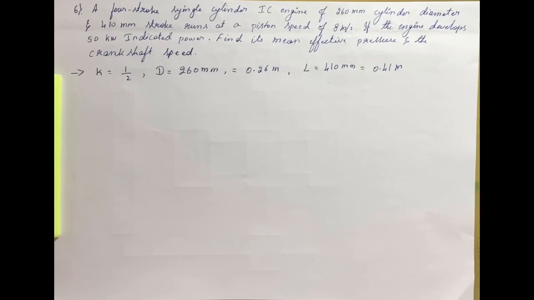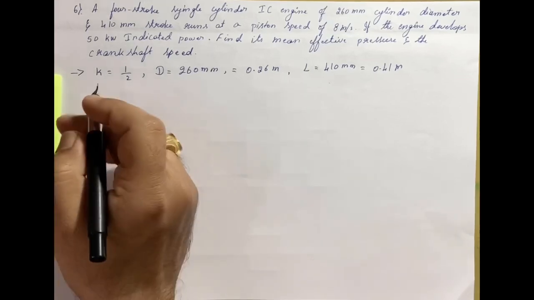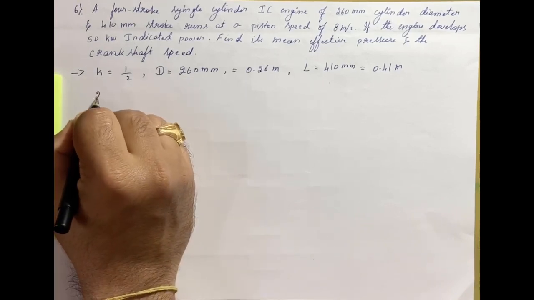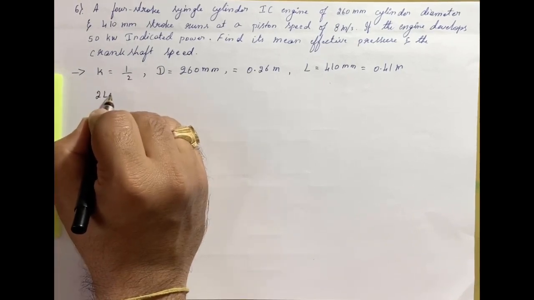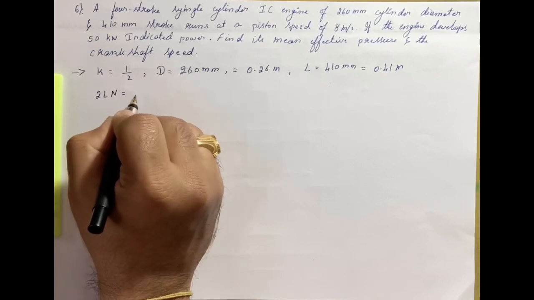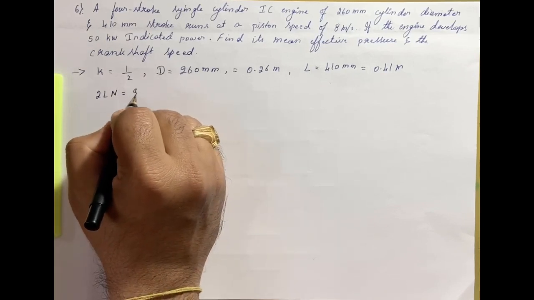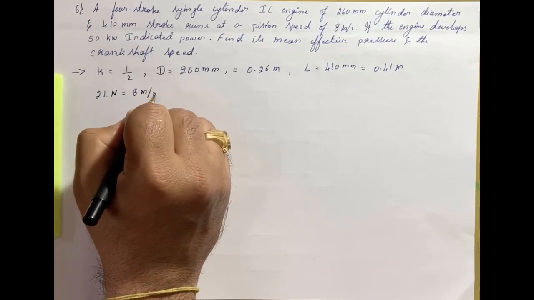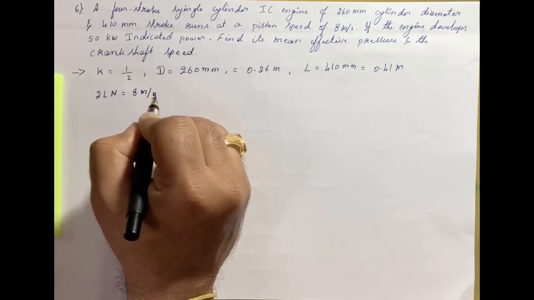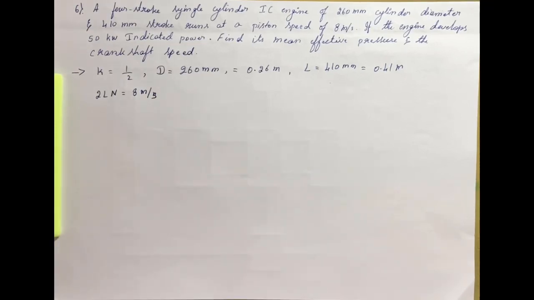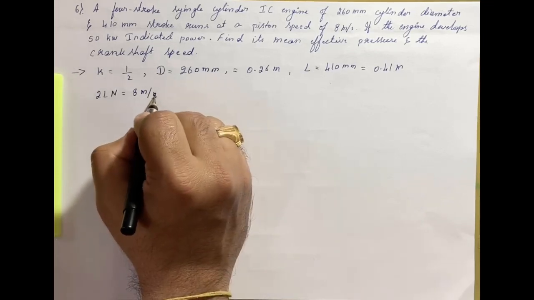2LN will give the piston speed, right? Now piston speed directly, I'll write 2LN is equal to 8 meter per minute. Here the question is given in terms of meter per minute itself, not meter per second.